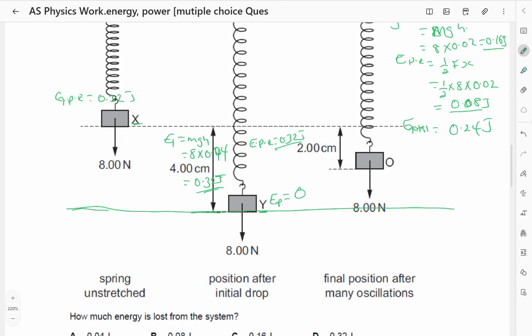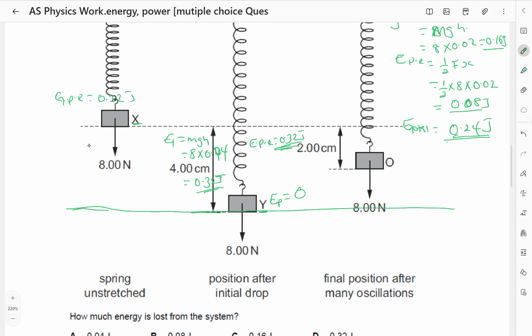Initially, when it is displaced from X to Y, the energy is simply elastic potential energy, which is 0.32 joules, because all the potential is taken to 0. And when it comes to rest at point O, the total energy is 0.24 joules.